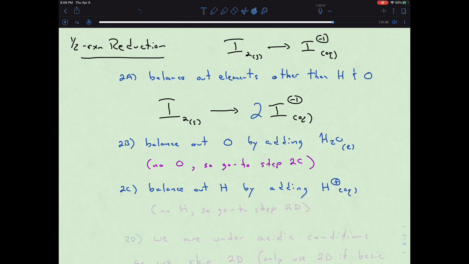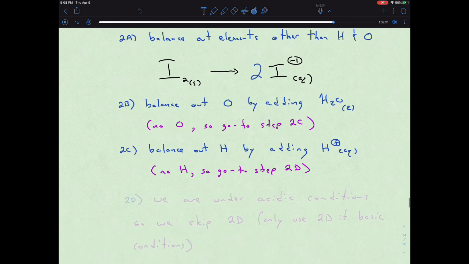Again, similarly, there's no hydrogen, so we can go to step 2D. Step 2D, we are under acidic conditions, so we skip 2D. We only use 2D if basic.